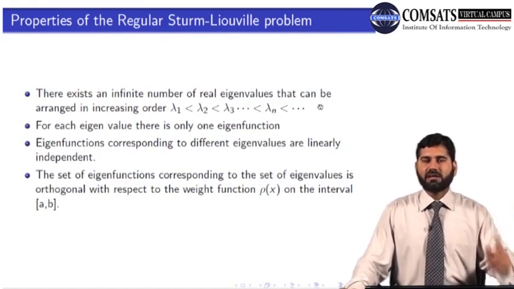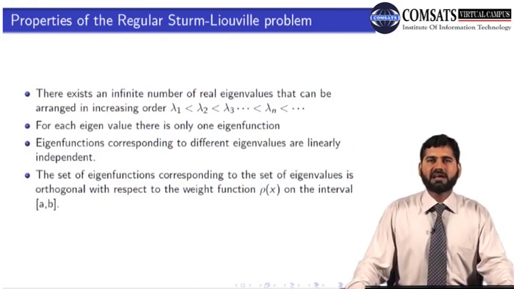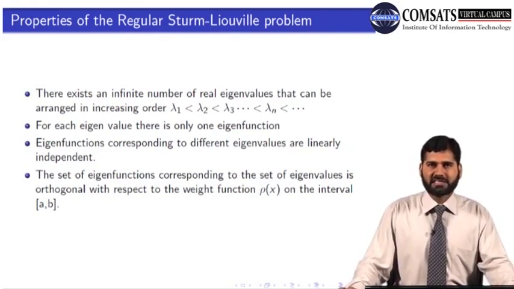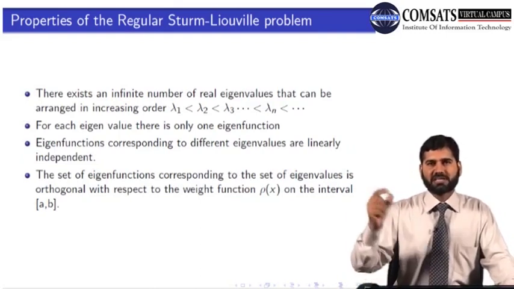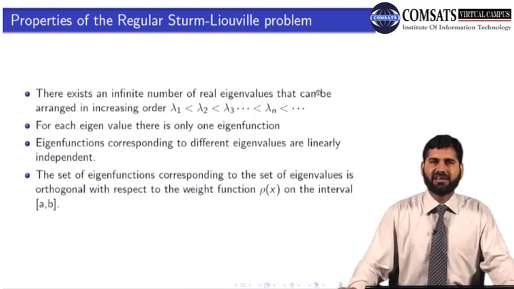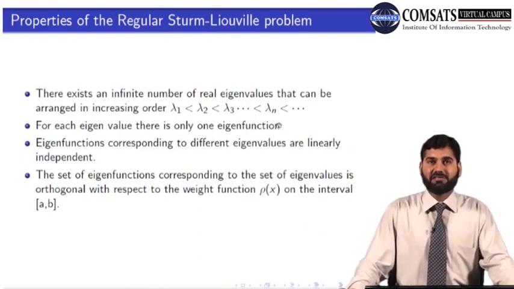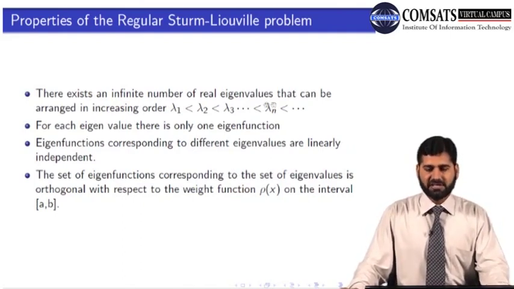If you recall, in our previous lectures, our lambdas were usually (n pi by L) square or (n pi) square. So for n is equal to 0, it's 0. For n is equal to 1, it's pi square, then 2 pi square, then 3 pi square. So they can be arranged in increasing order, and there are infinitely many values. So whenever we have a regular SL problem, we will have infinitely many real eigenvalues with this arrangement.